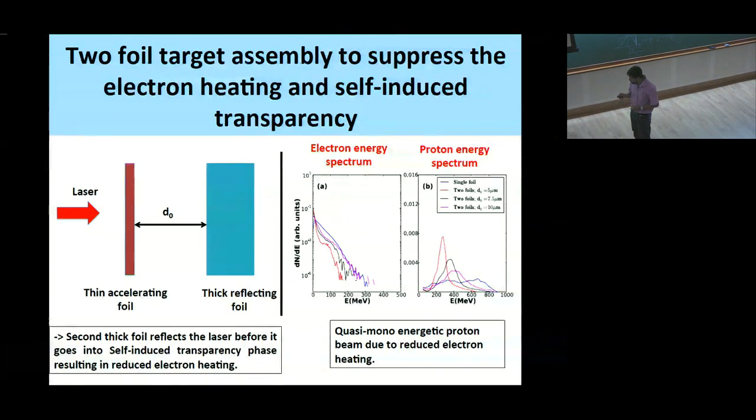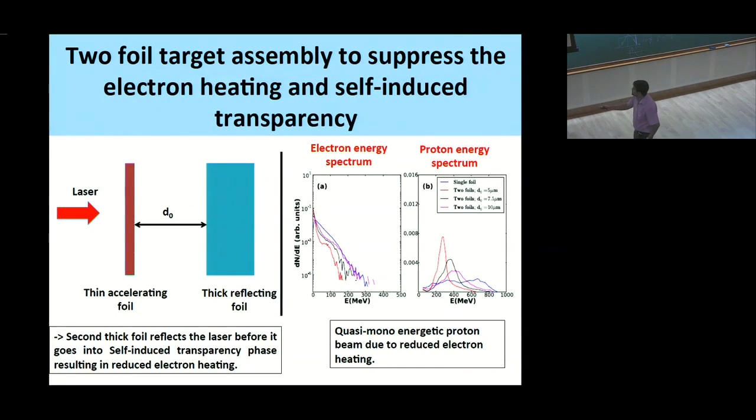The easiest way is to put a thick target back at some distance from the thin target. You get acceleration up to this distance d0, then the laser and this target hit the thick target, and the laser gets reflected off. So you basically suppress this phase of self-induced transparency. This is what we did.